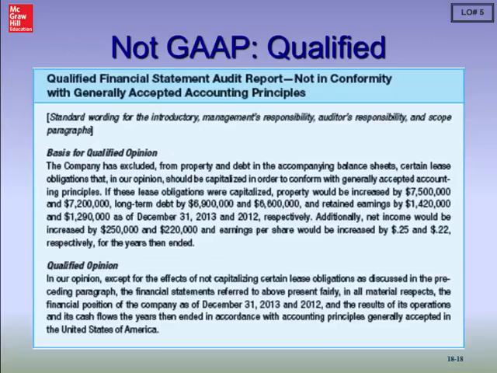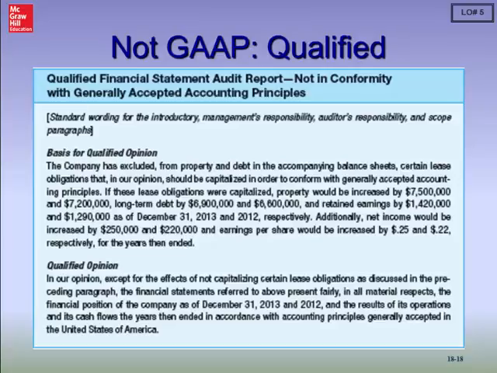In a non-GAAP qualified opinion, what we're saying here is the explanatory paragraph defines what the issue is, and then in our qualified opinion, what we're stating is, in our opinion, except for the effects of not capitalizing certain lease obligations as discussed in the previous paragraph, the financial statements referred to above present fairly in all material respects, and then the verbiage continues on as we've seen before.